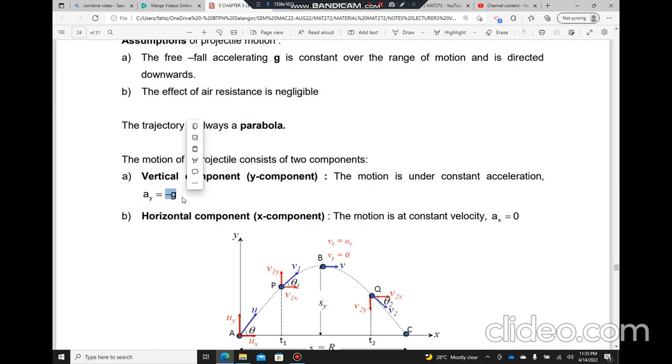So kita ambil dia sebagai pecutan gravity, which is ay equals to negative g. Then untuk horizontal component, kita anggap dia sama dengan kosong ataupun constant velocity, laju yang seragam. Kalau yang ni constant acceleration, pecutan yang seragam untuk y component.